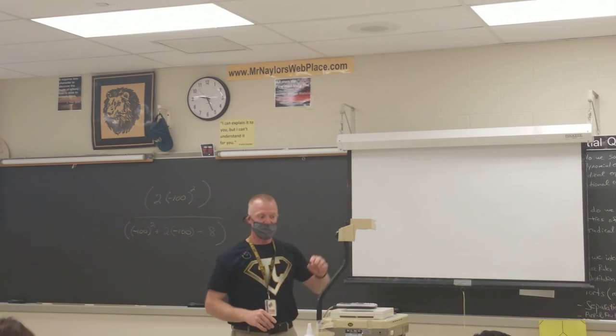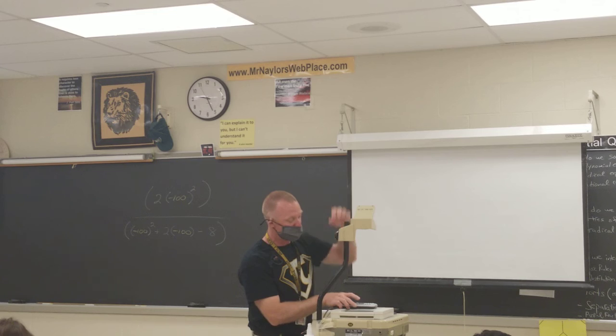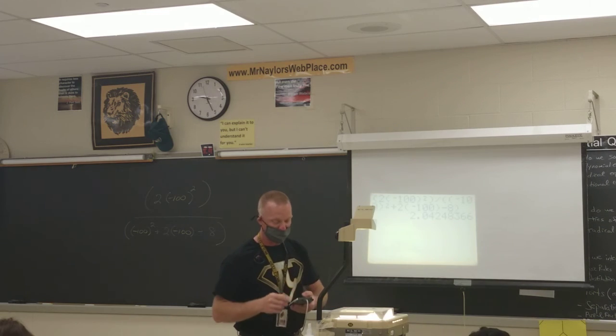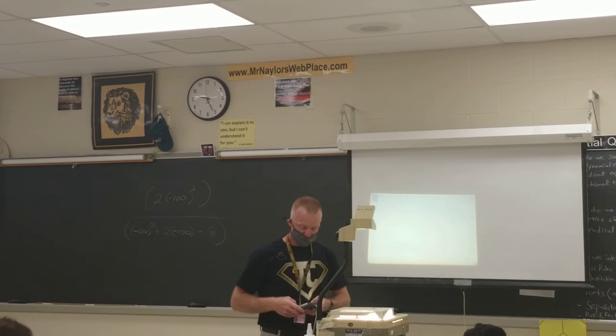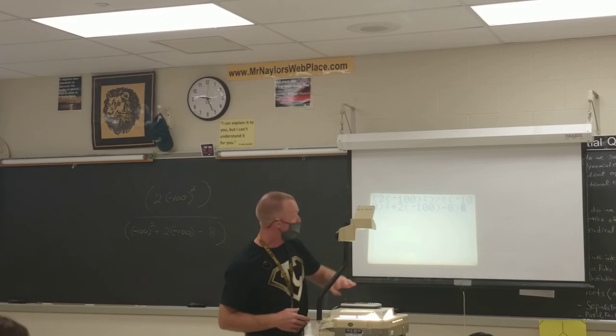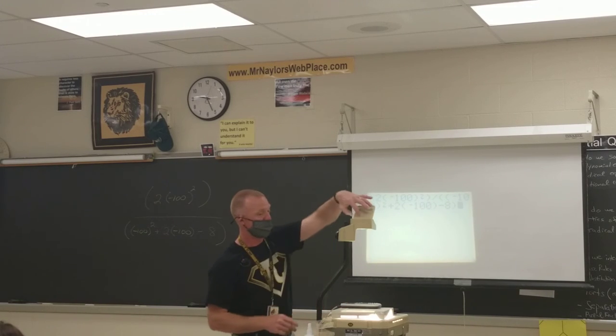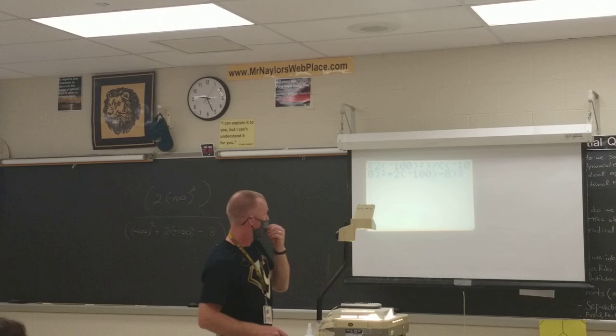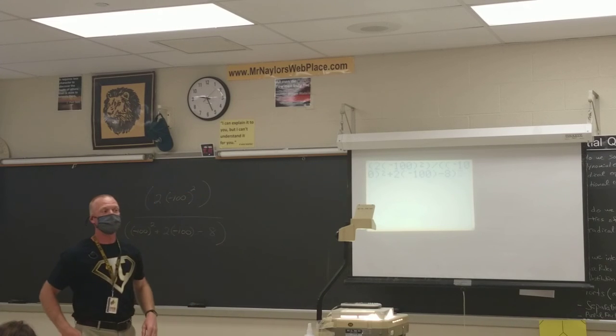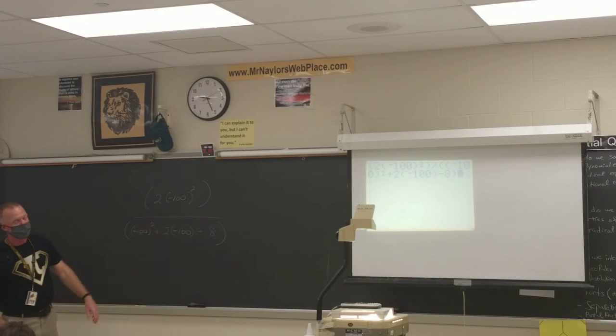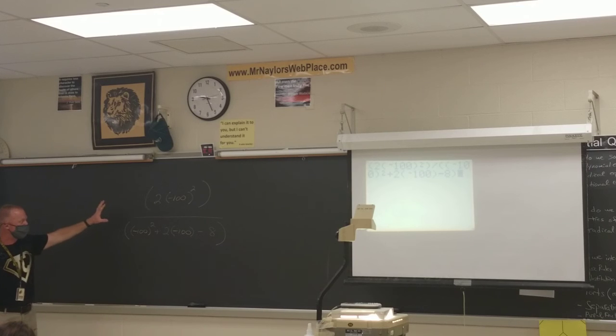And if you're willing to give this a try, even though I already wrote the answer down, you can check if you're typing it in right. I do recommend that you just type the whole thing in. And you need to put parentheses around the numerator and the denominator. And negative 100.